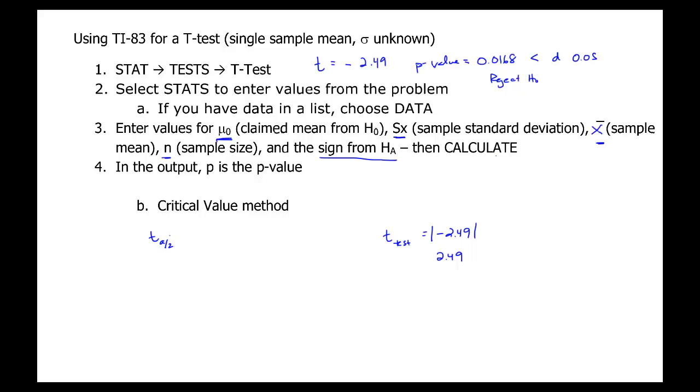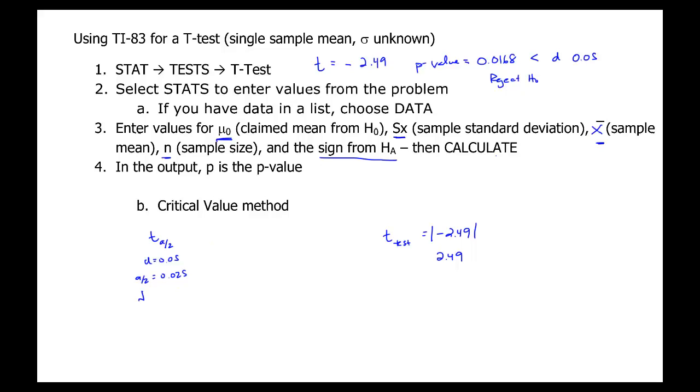And actually it's a two-tailed test, so we need t alpha over 2. Alpha was 0.05, so alpha over 2 would be 0.025.